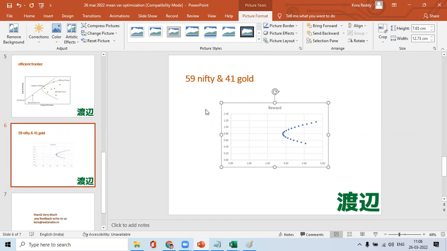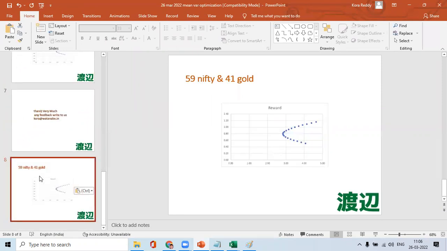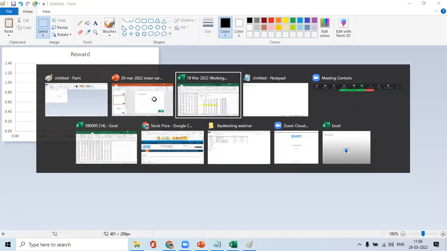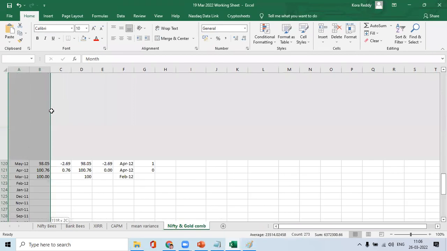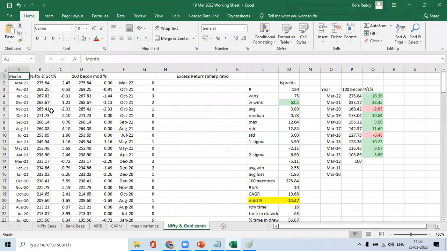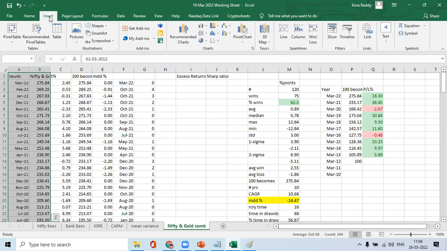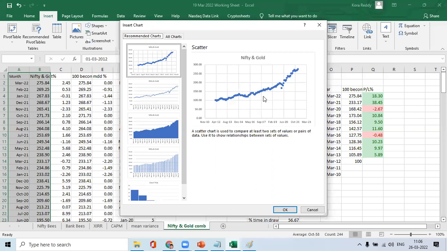So this is our efficient frontier, and the equity curve is this one, right? Not up to here. Okay. Insert chart. This one. Okay.